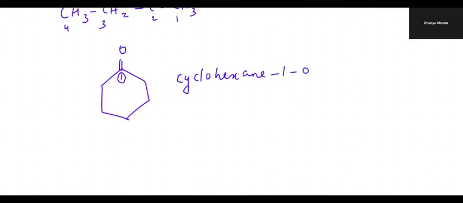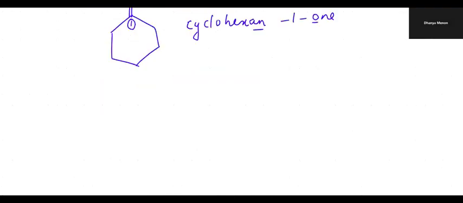And I'm removing this E because there's an O here. It's cyclohexane because all are single bonds. So I have to remove this E, and I write it like this. Hex is the root word, and there are single bonds.